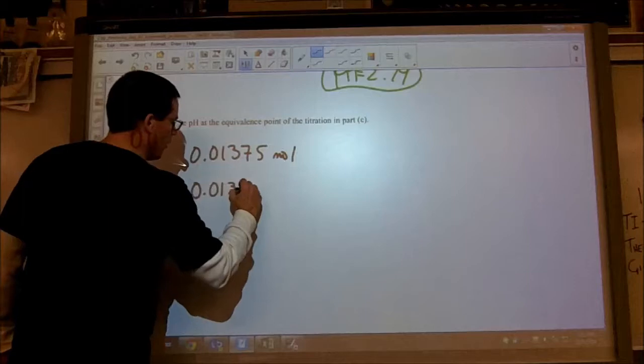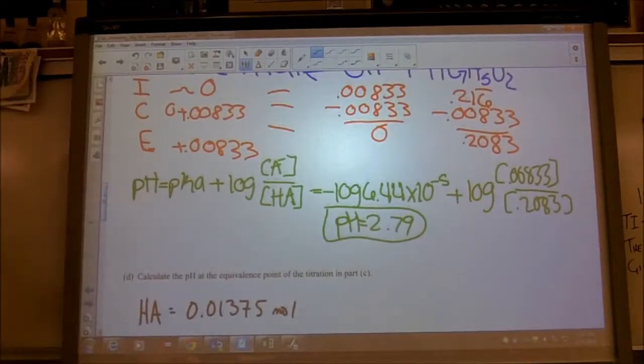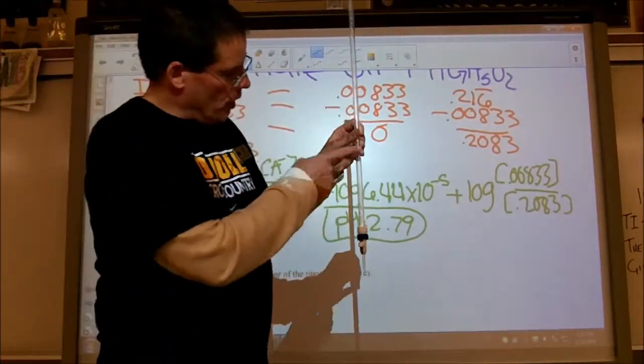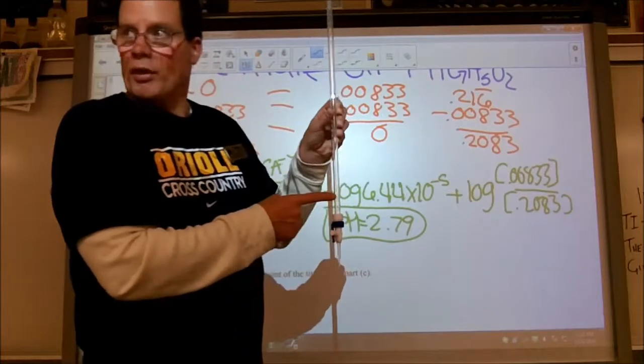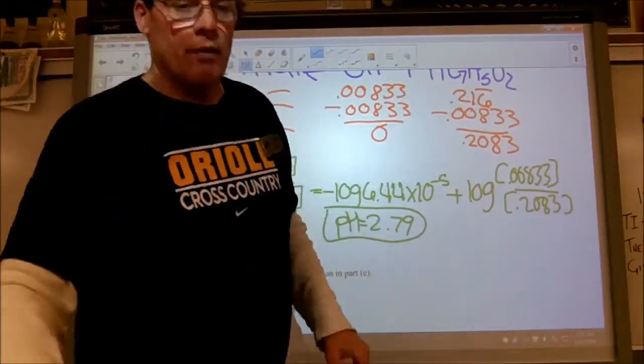Now, this is a little different because, true, we know how many moles we have of each, but we need to figure out how much of this is 0.01375. So we've got to find out the volume that we need to add to get to that.